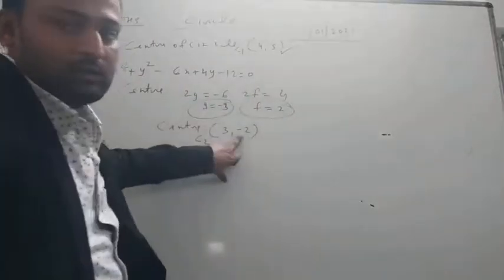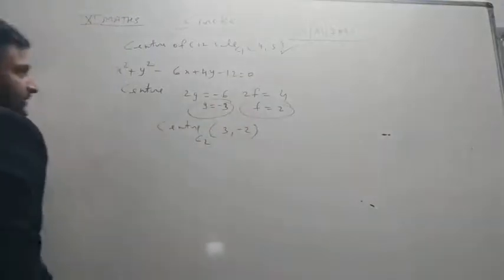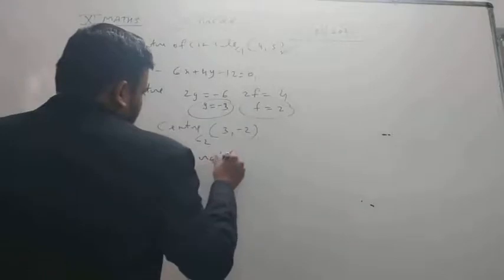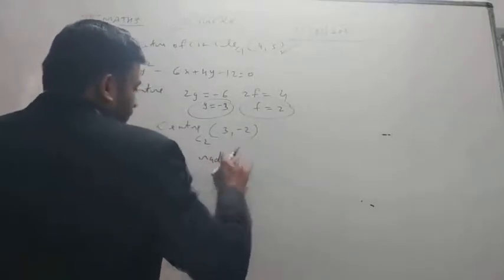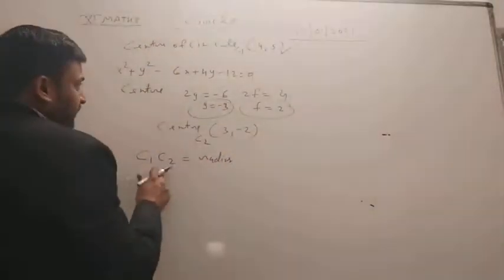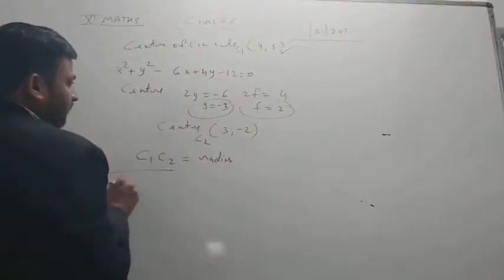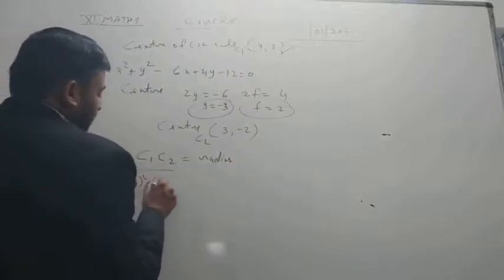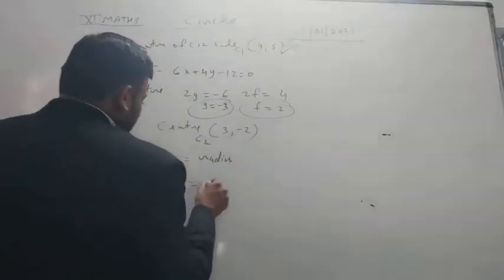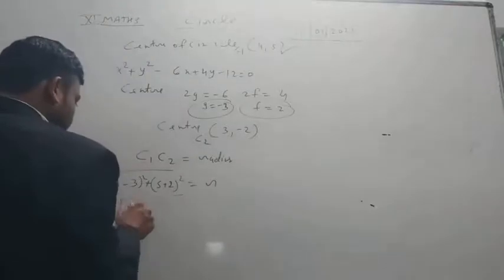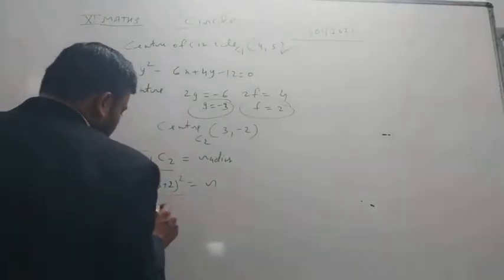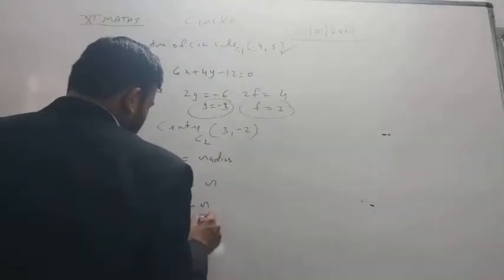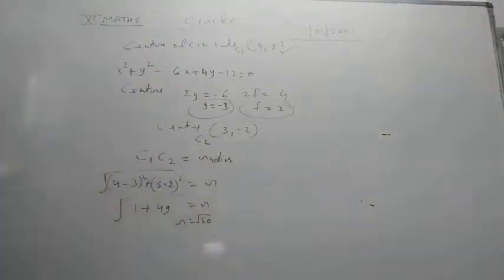This point lies on the circumference of the circle, so C1C2 is equal to the radius. So C1C2 is under root 4 minus 3 whole square plus 5 plus 2 whole square is equal to r. So we write 1 plus 7 square, which is 49. So radius is root 50 student.